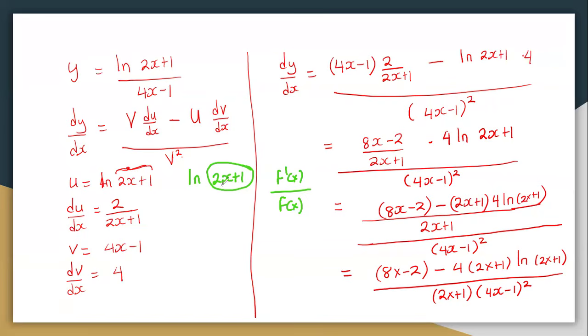So when you differentiate 2x plus 1, you get 2, then divide by the original function. Okay, thank you, sir.